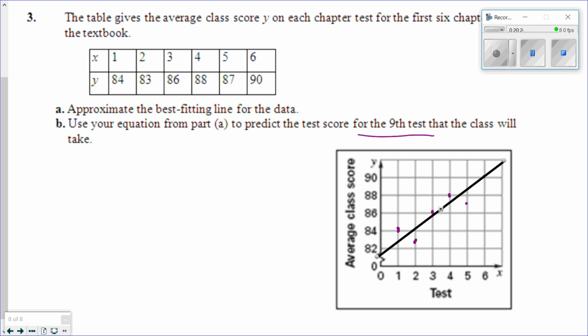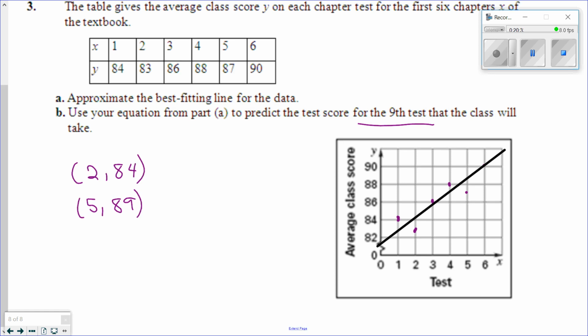So next I'm going to use my line and look at the line that I've drawn in, and I'm going to pick 2 points on that line. The 2 points I'm going to choose from my line are (2, 84), which is right here, and then (5, 89), which is about right here. It might be a little smaller than 89, but it's pretty close. So now I'm going to use those 2 points to find the slope of my line.